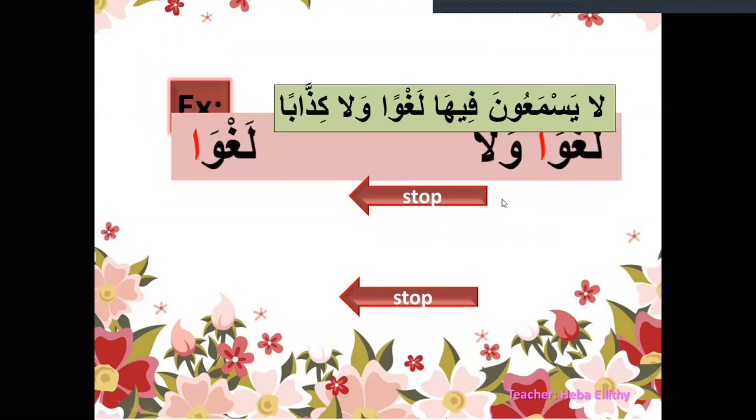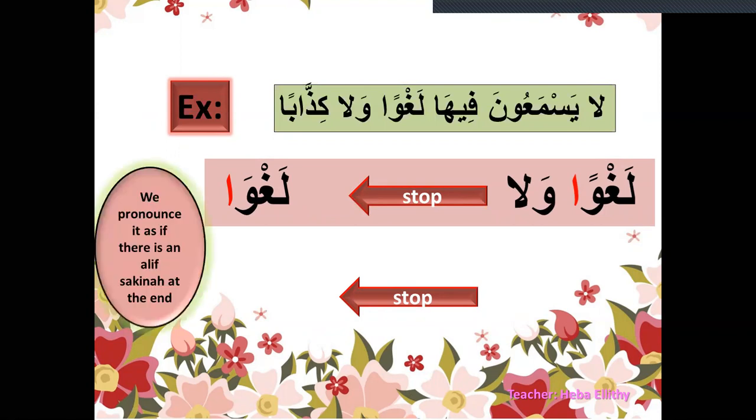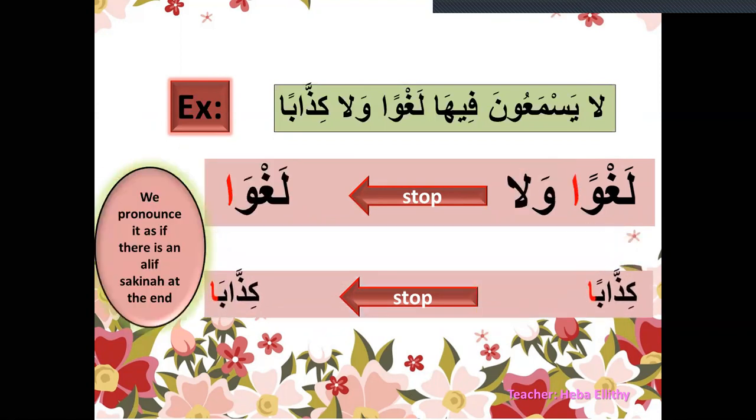Let's see how I can stop on it. لغوا ولا. لغوا: I pronounce it as if there is an alif sakina at the end. كذابا: when I stop, it will be كذابا. This is مد العوض. Very easy. When I connect, I follow the tanween rules. When I stop with alif sakina, it is 2 beats like natural مد.